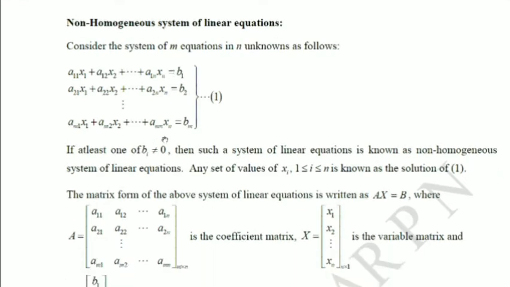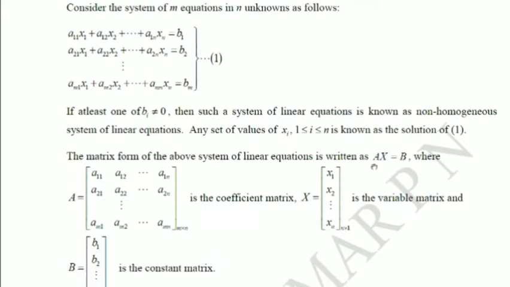And we know that we can express this system of linear equations in matrix form, such as Ax equal to B, where A is nothing but the coefficients associated with the unknowns, that is a11, a12, up to a1n.